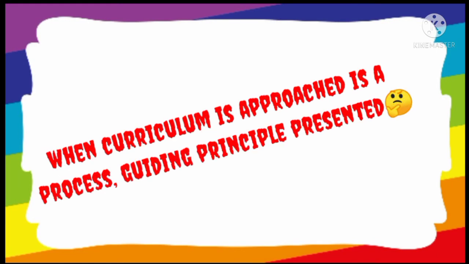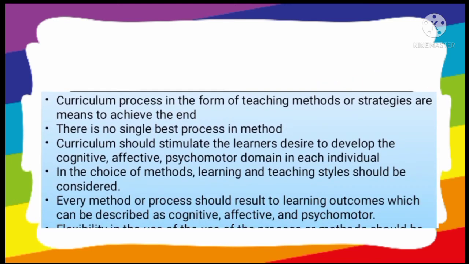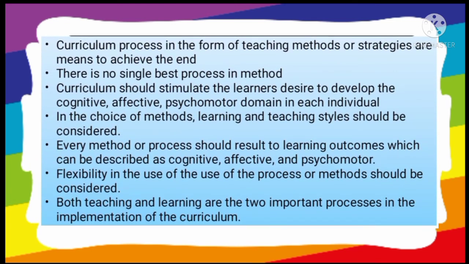When curriculum is approached as a process, guiding principles are presented. Curriculum process is the form of teaching methods or strategies meant to achieve the end. There is no single best process or method. Curriculum should stimulate the learner's desire to develop the cognitive, affective, and psychomotor domains in each individual.